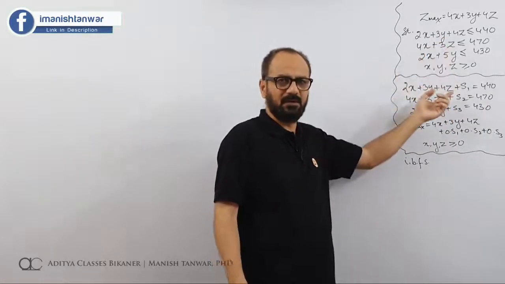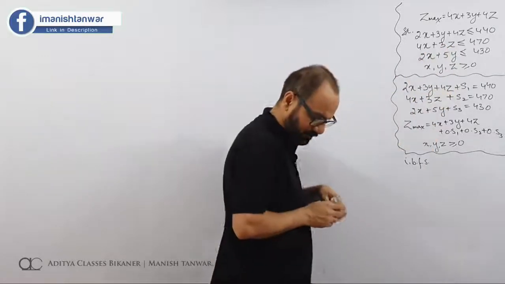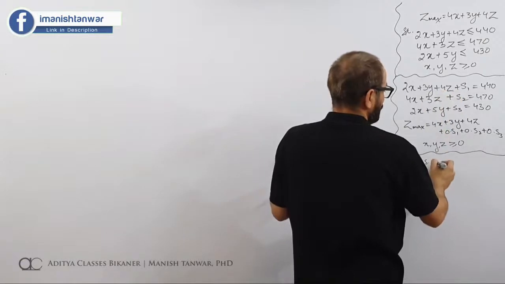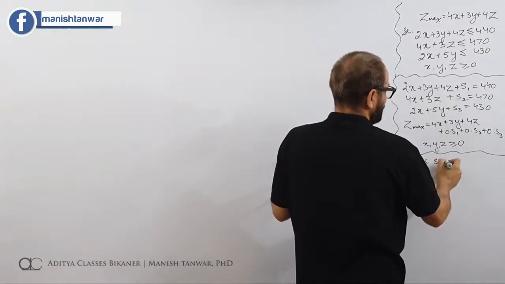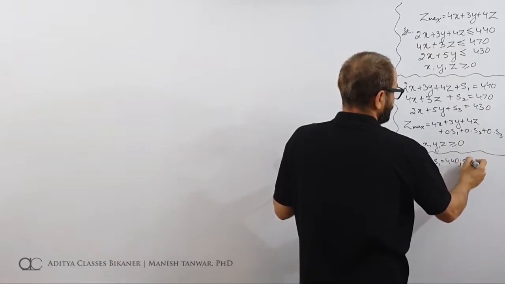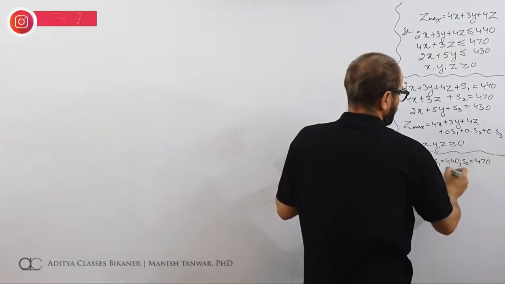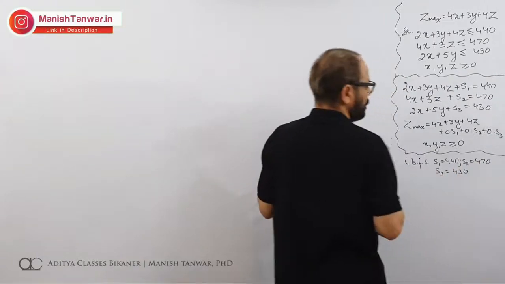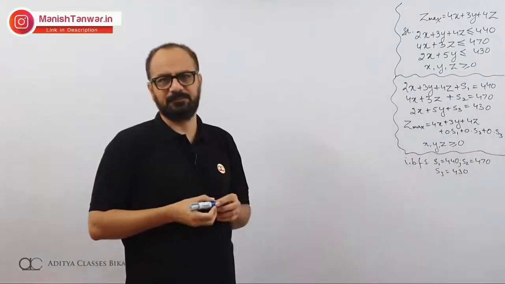For now, we are having all as less than type inequalities. So, we will not be having surplus variables. So, I will put x, y and z equal to 0. So, what is my IBFS in that case? S1 is equal to 440, S2 is equal to 470 and S3 is equal to 430. This is my IBFS.